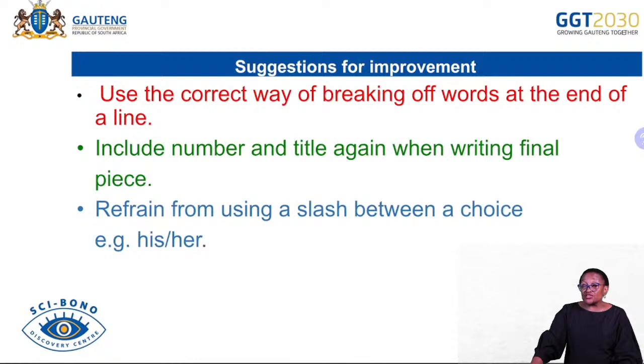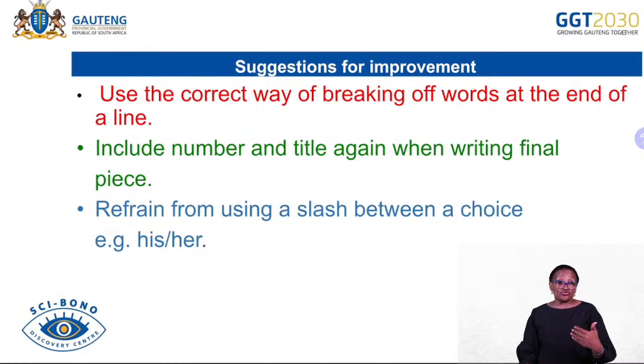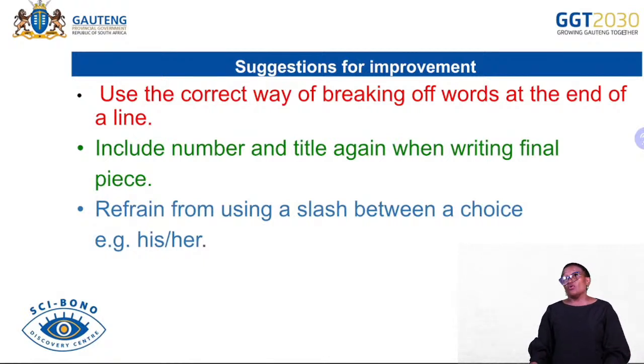Refrain from using a slash between a choice, e.g., his slash her. You've got to decide which one you are going to use throughout your piece. You either choose to use his or you choose her, she or he, but you cannot use both in one text.